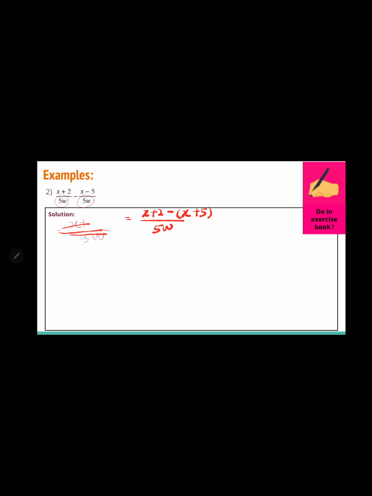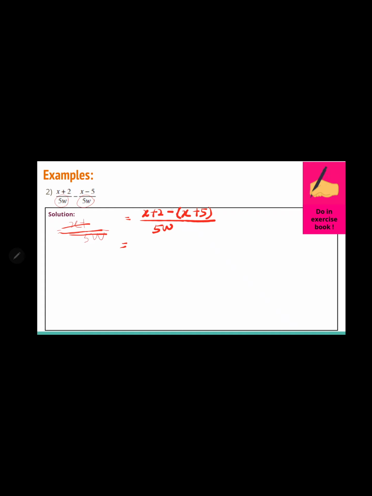We put it in a bracket. No bracket originally, but I put a bracket to remind myself to give extra attention to the negative here.